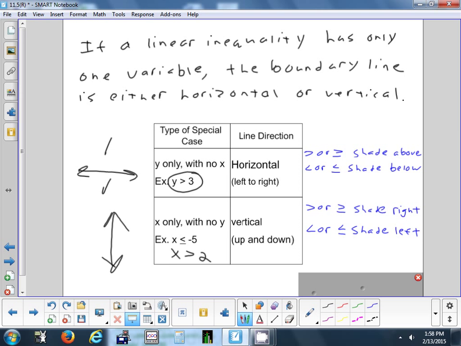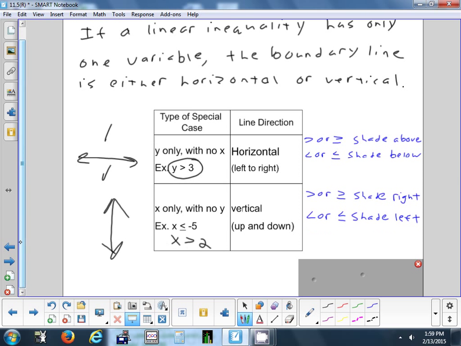Guys, that first special case, the Y is greater than 3, where are you going to graph? Like on what axis, X or Y? Matt, what do you think? What axis are we going to use for that Y? Our little point that we have to graph, where are we going to put it?